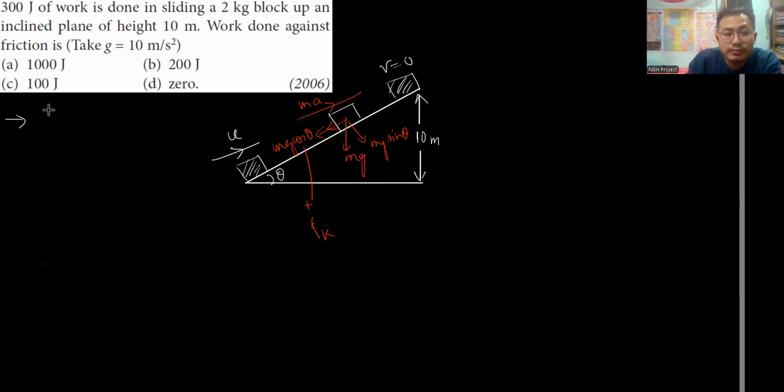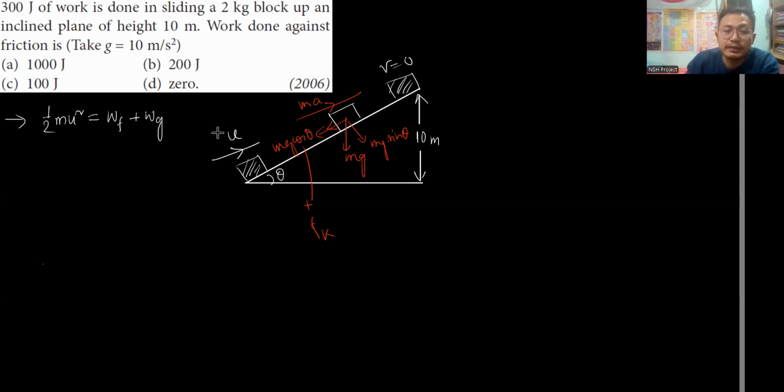So the change in kinetic energy, half m v square, is 0, so the total work done equals the work done against friction plus the work done against gravity.